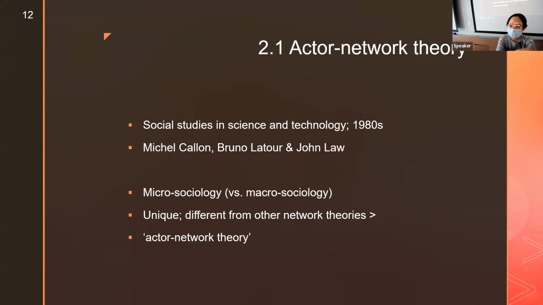The way that ANT researchers look at society is similar to that of microsociologists. In microsociology, researchers put emphasis on individuals, on the interpersonal connection between different people, whereas macrosociology studies society on a grander scale.